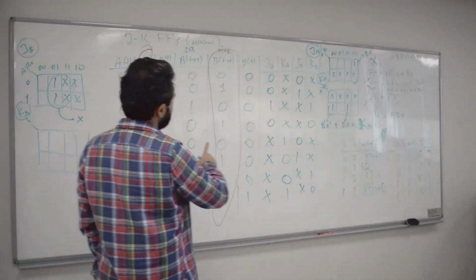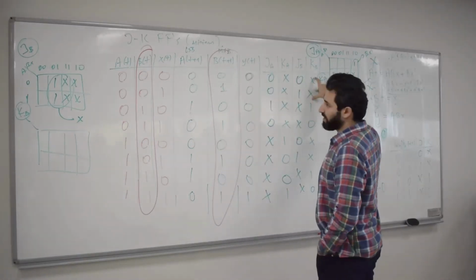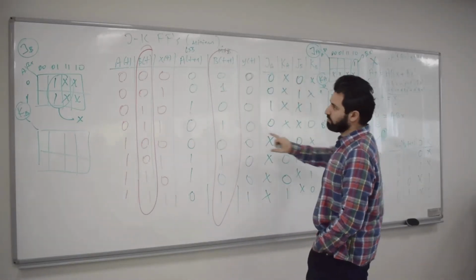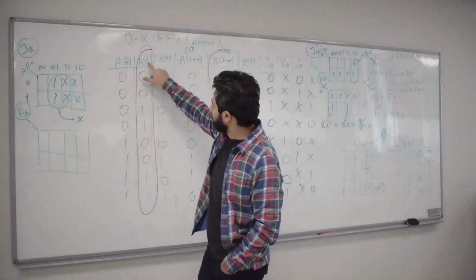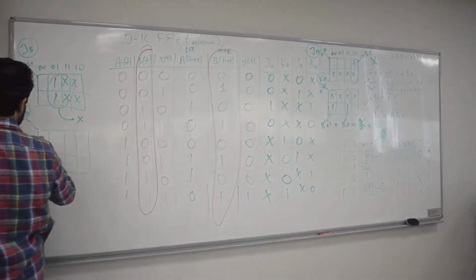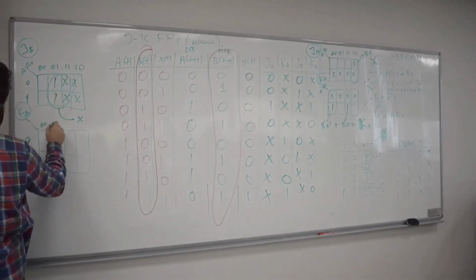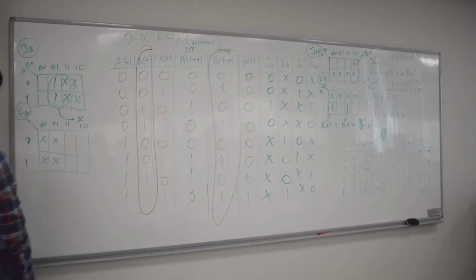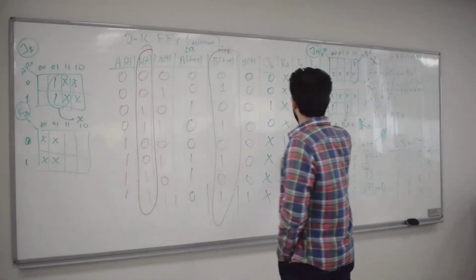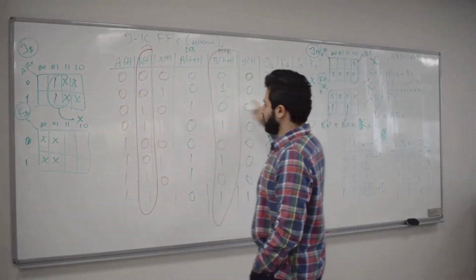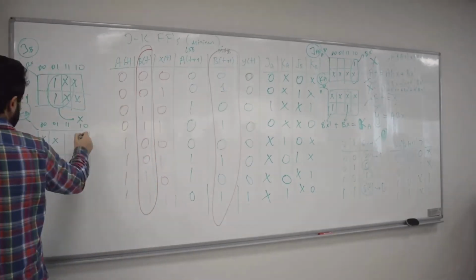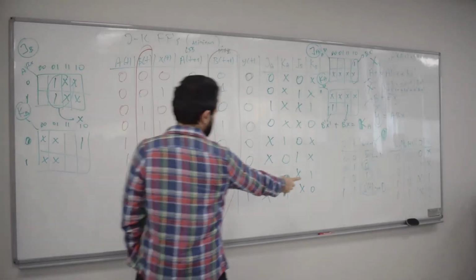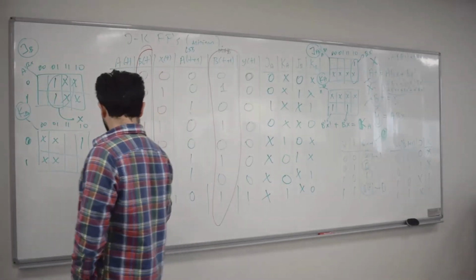For KB, you may realize that B is 0 gives don't cares, these 4 places. Finally, we have a 1 here, which corresponds to 0, 1, 0, and another one right here, which is 1, 1, 0.